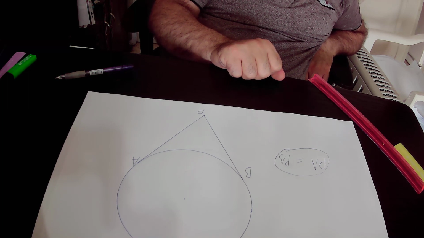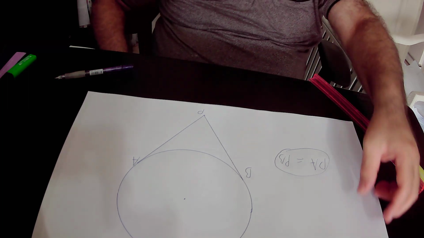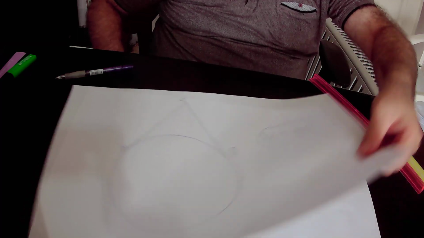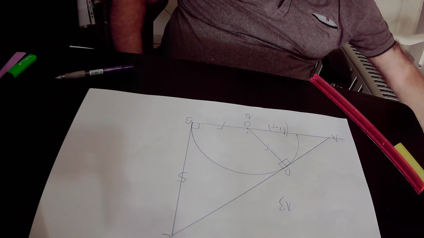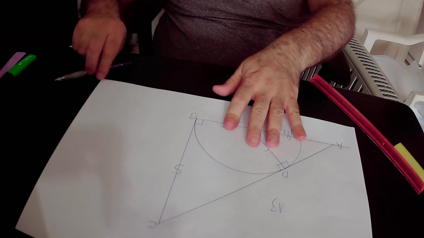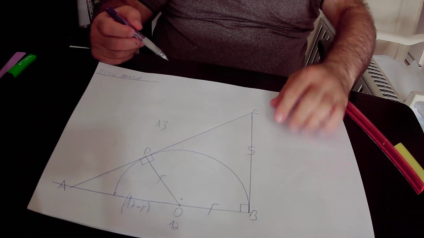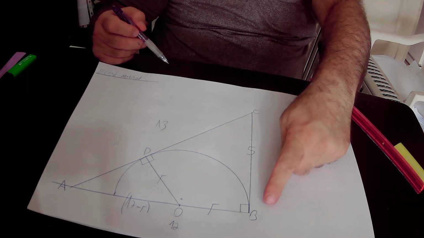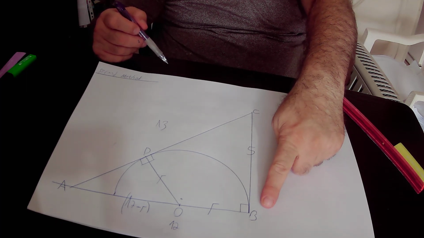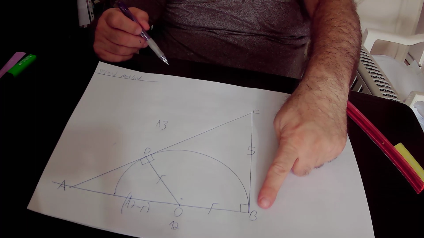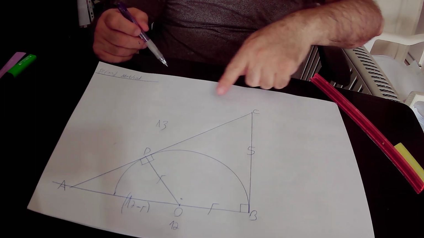So actually we can implement rule number 2 in our drawing, because in our drawing we have the common external point, point C. From point C the first tangent is CB. CB is tangent to the semicircle at point B. And the second tangent is CD.